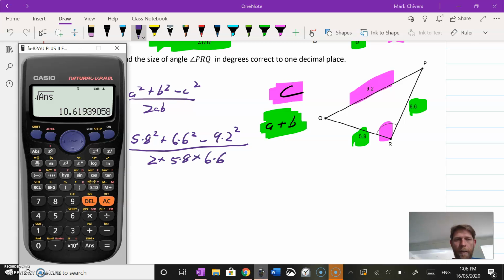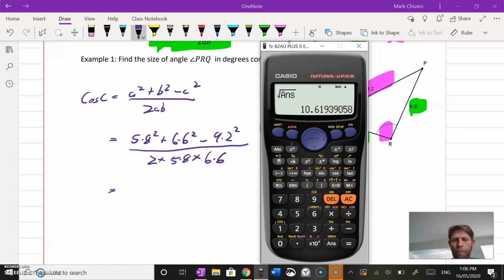So we'll plug all that into the calculator and see what we get: 5.8 squared plus 6.6 squared minus 9.2 squared, all over 2 times 5.8 times 6.6.